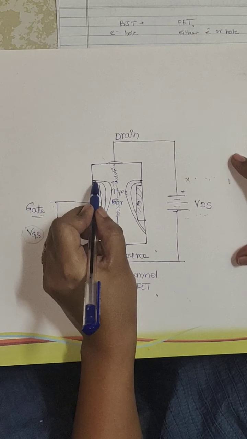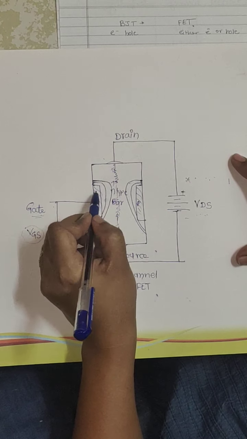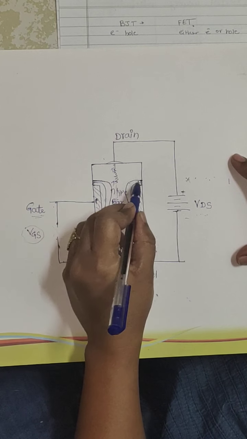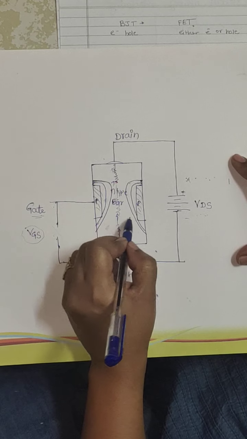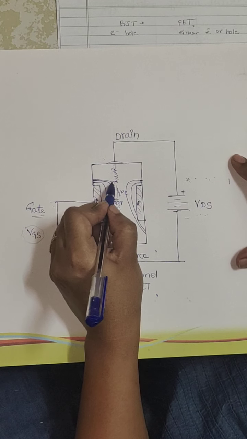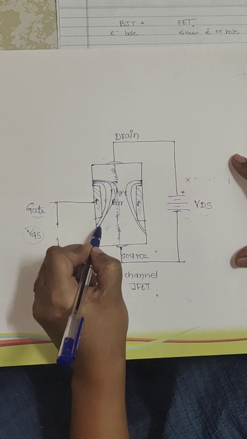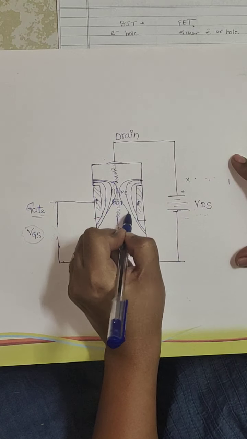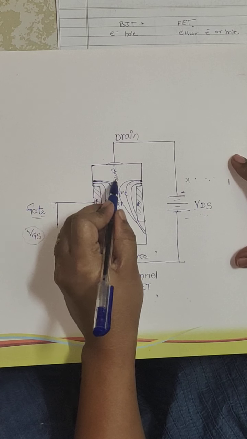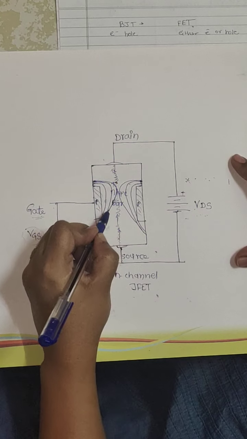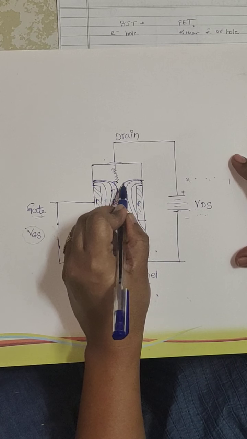That's why this PN junction becomes more reverse biased at this region as compared to this region. As we increase the voltage, the depletion region goes on increasing, and the current also increases.